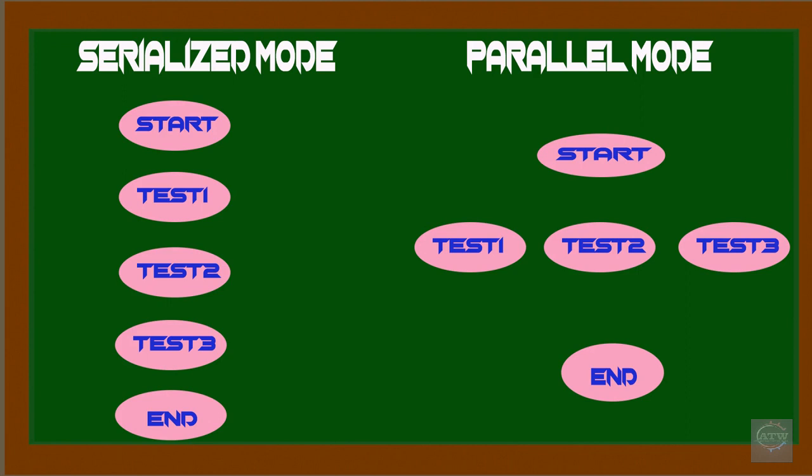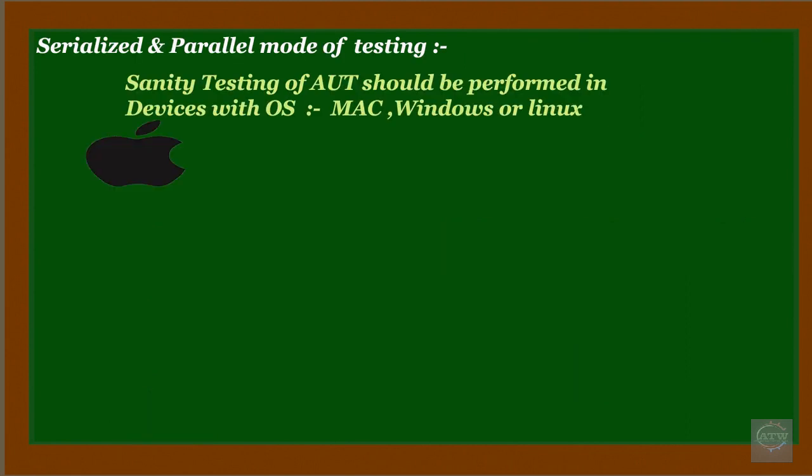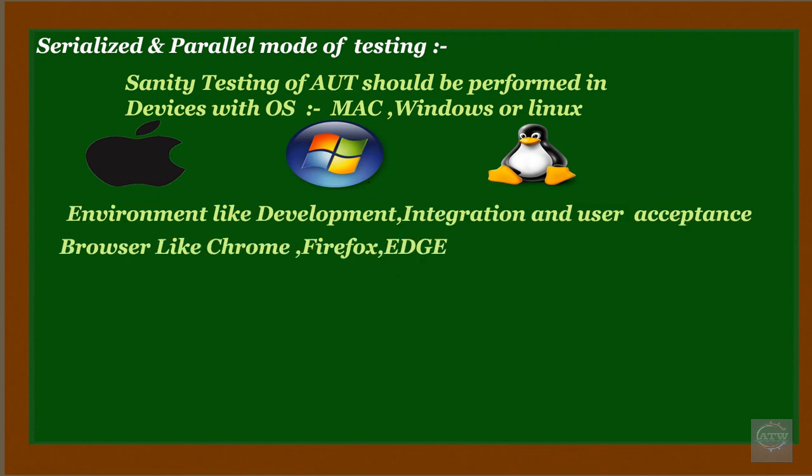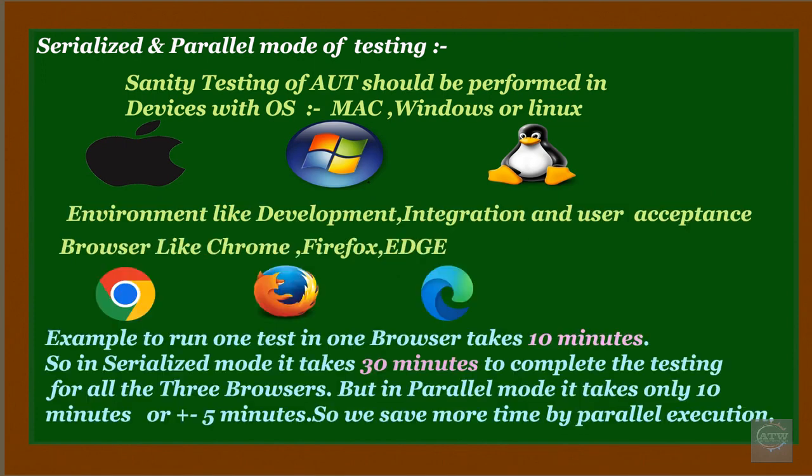So where does parallel testing come into the picture? For example, you have to run a sanity test on your application under test. Parallel testing is not just cross-browser testing; the application can run on 3 operating systems like Mac, Windows and Linux, and we have a development environment, integration environment, and user acceptance environment.